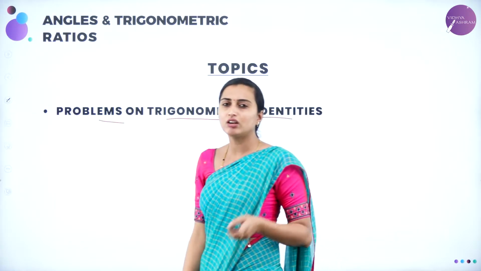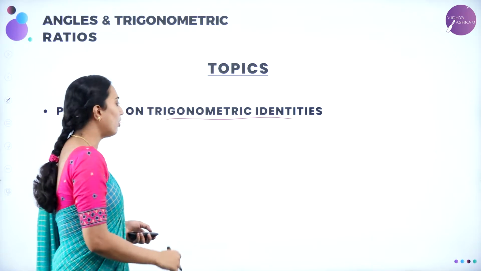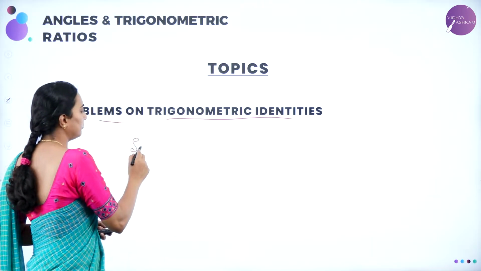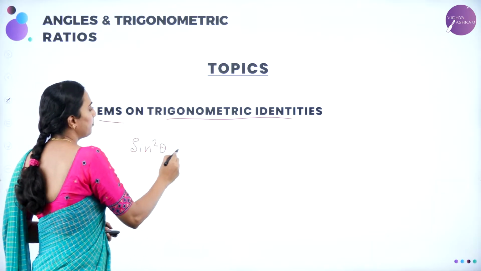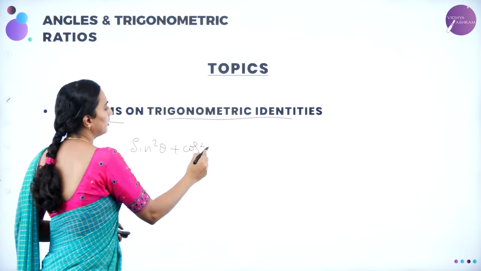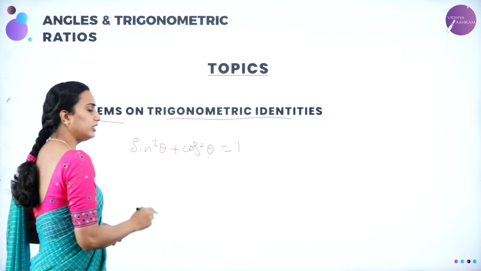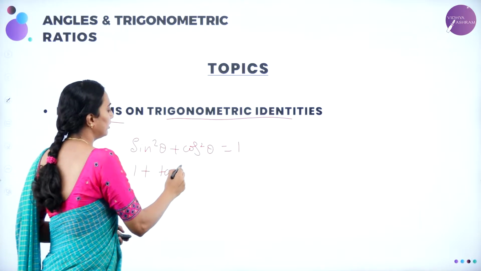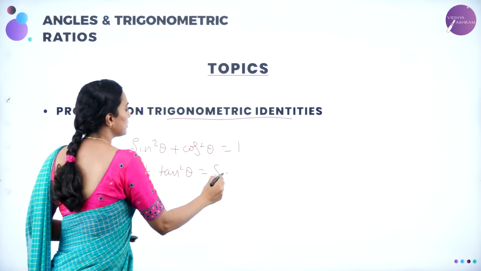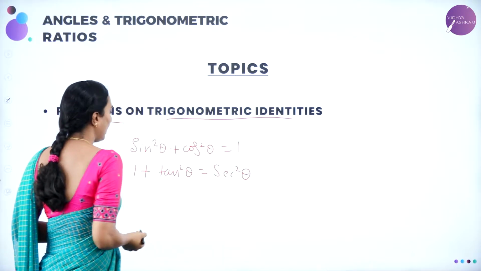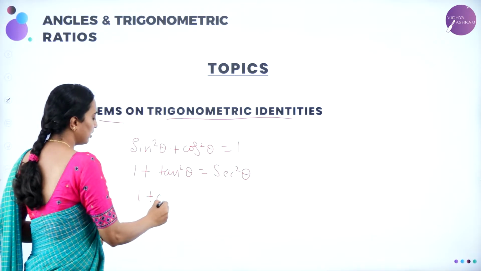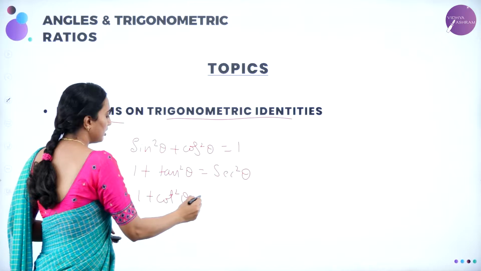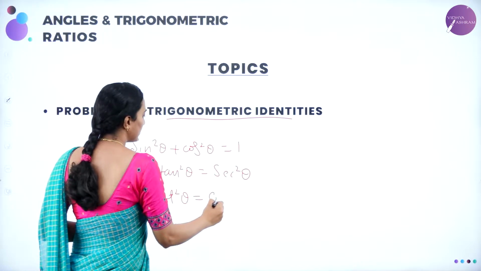identities. What is known as trigonometric identities? That means sin squared theta plus cos squared theta is equal to 1. Theta is an angle. 1 plus tan squared theta is equal to secant squared theta. Again, you are going to have 1 plus cot squared theta is equal to cosecant squared theta.